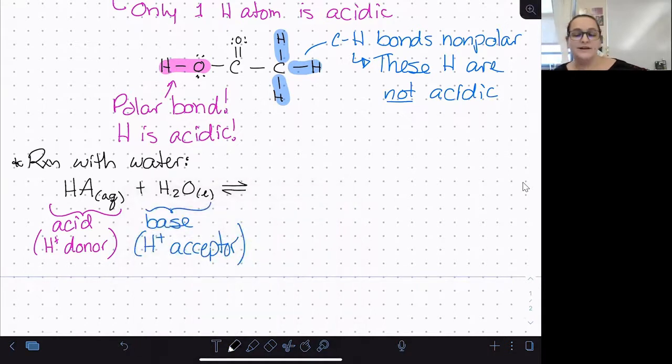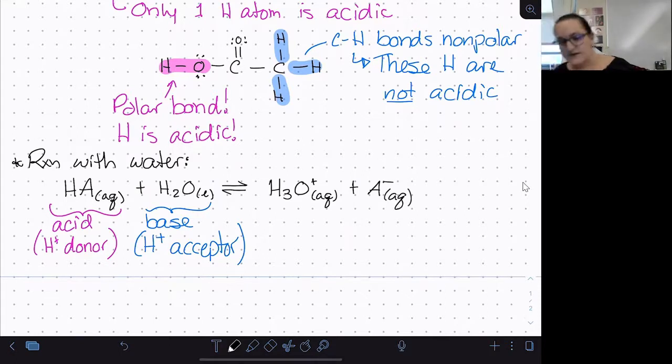When water gains H+, it goes from having 2 hydrogens to 3, and it goes from having a 0 neutral charge to having a +1 charge overall. The HA, the acid, has lost H+, so it no longer has the H, and starting from neutral, losing a positive charge means that it's going to end up negatively charged itself.